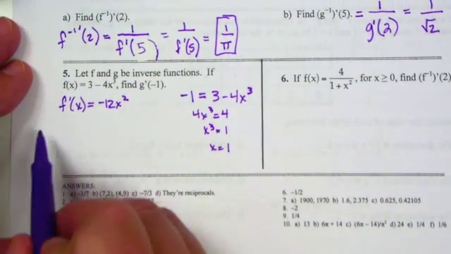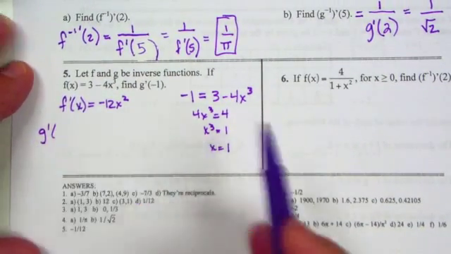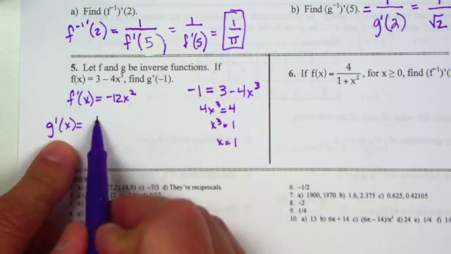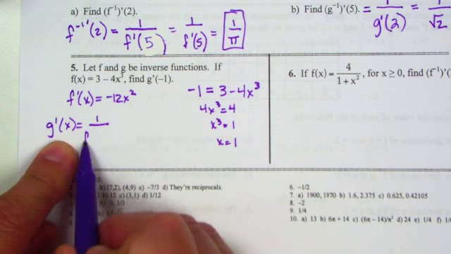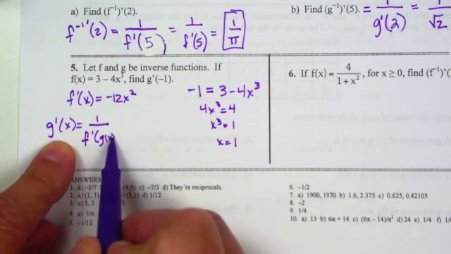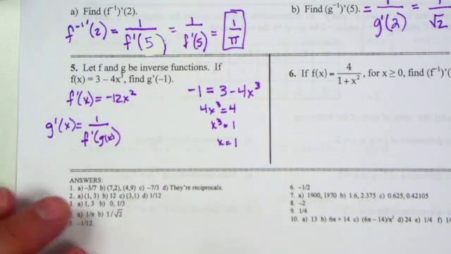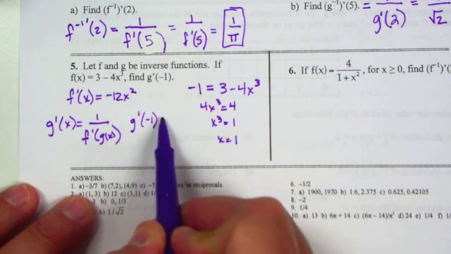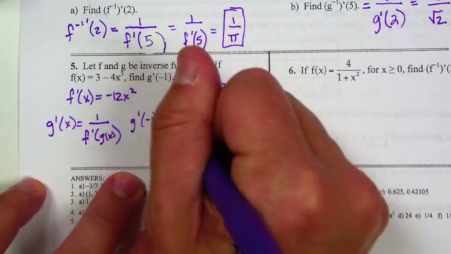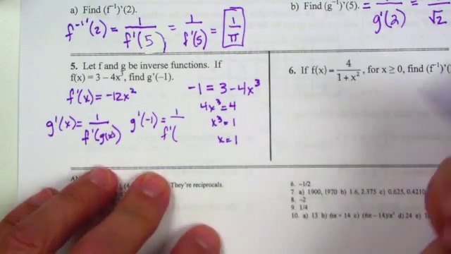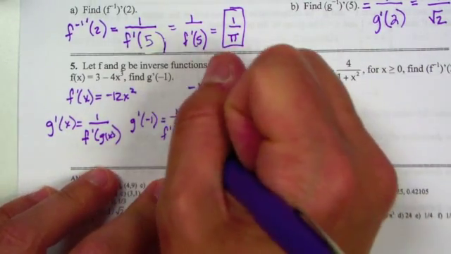So by definition, the definition of an inverse derivative, G prime of X is equal to 1 over F prime of G of X, if you want that definition. So G prime of negative 1 is equal to 1 over F prime of 1.